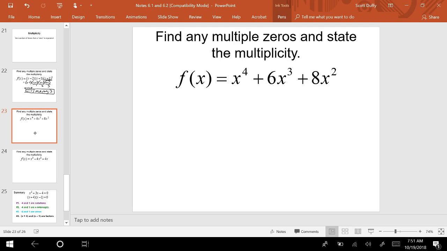Right here, okay, so what we're going to do is factor this. We're going to factor out x squared. Then we're going to factor that further.